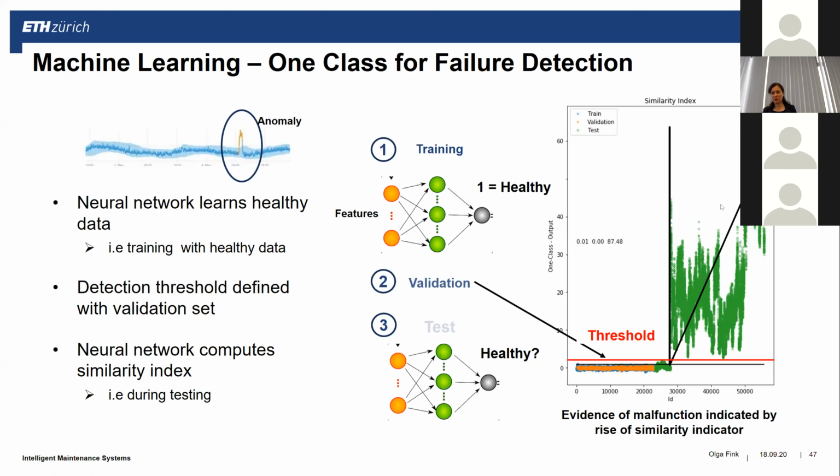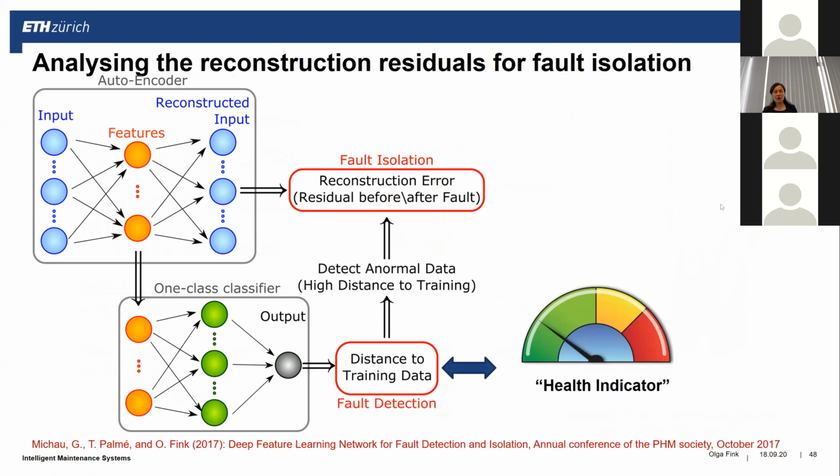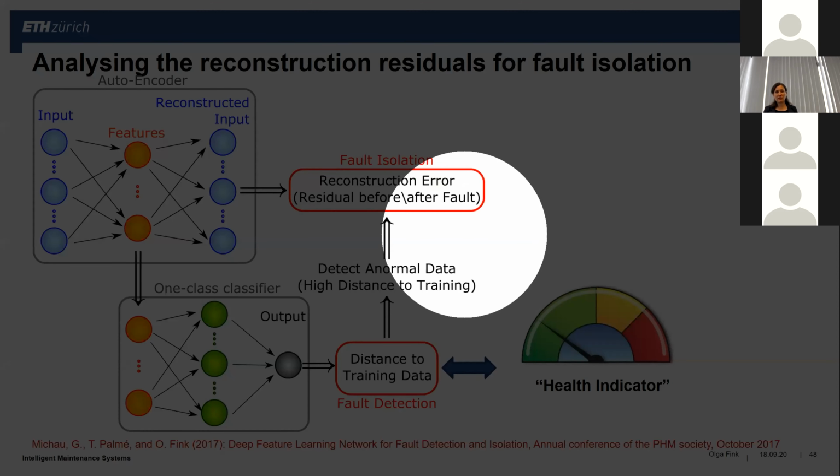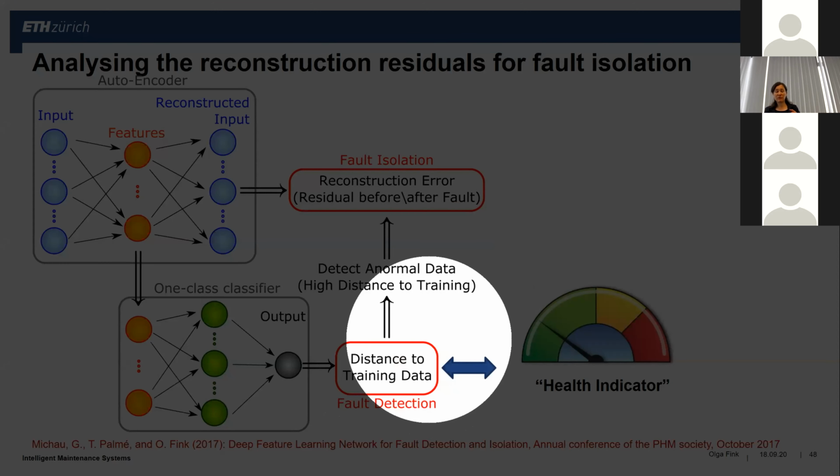And the additional part is that when we are detecting something here, so if we are crossing the threshold that we set, we are then going back and looking into the reconstruction error, so we are looking into the residuals, and the combination of which residuals are actually deviating provides us some information on what fault types this would actually be.